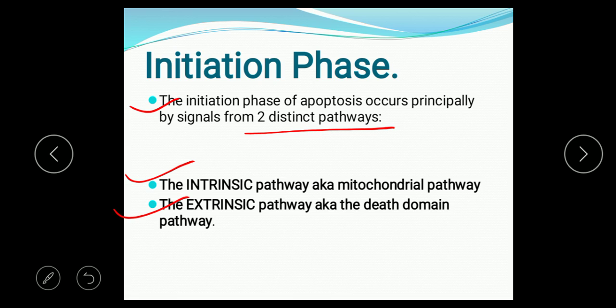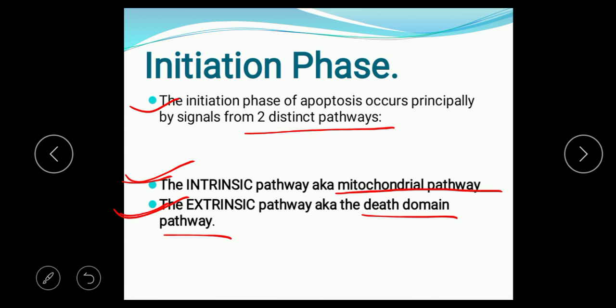The intrinsic pathway is also called the mitochondrial mediated pathway, because mitochondria play a major role in this process. In the extrinsic pathway many receptors function, and it is called the death domain pathway. We are going to discuss both pathways one by one.